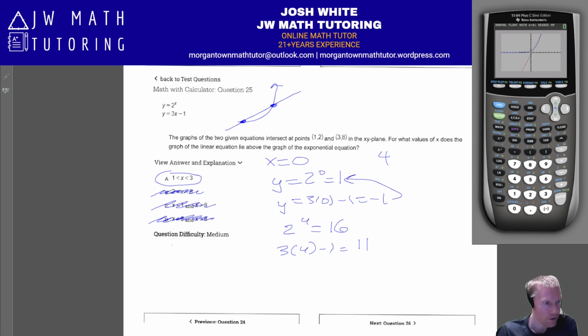Okay, so now we can see there's a small section right in here where the linear function is above the exponential. So I'm just going to zoom in on that section just to get a better picture of it.